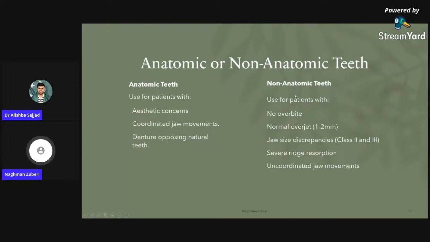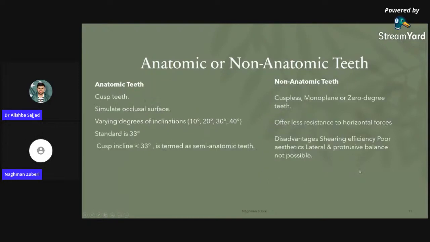Non-anatomic teeth are used for those patients where there is insufficient overbite with normal overjet, or if they have a class 2 or class 3 skeletal relationship, if there is severe ridge resorption, or if because of any neuromuscular reason there is an uncoordinated jaw movement, maybe TMJD or some other reasons.